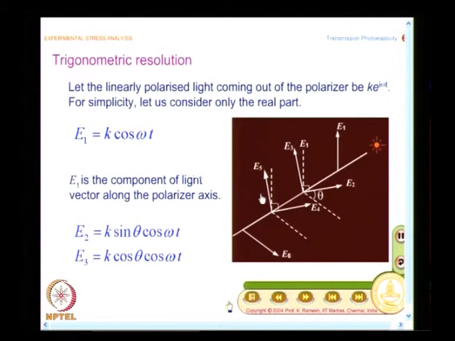And how do you write E4 and E5? These are the axes at the exit of the model. Within the model the light has acquired a relative retardation. Suppose I say the retardation is delta, I can say no retardation along direction 4 and full retardation in direction 5. I can also put 0 and delta.